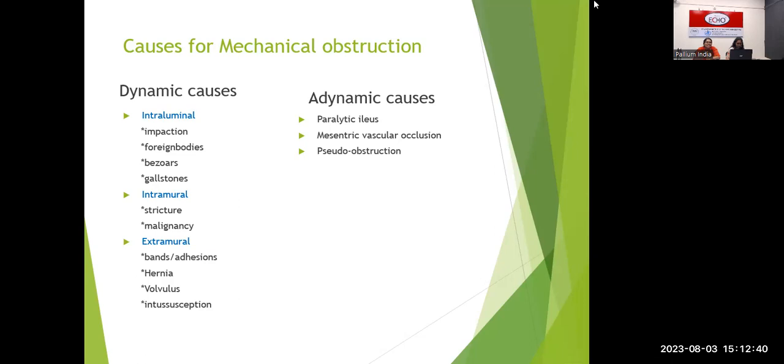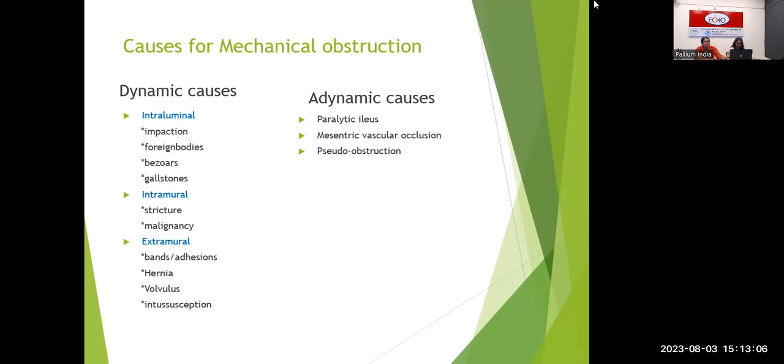Have you heard like that? Projectile vomiting. Yes. So typically the patient can present with pain and high or large volume vomitus. The vomitus can be bile stained or sometimes even fecal matter can be present in the vomitus. Very typical.